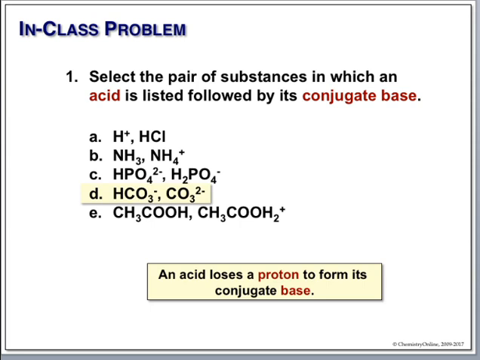Once again, to get to this thing, you'd have to put a proton on, not take one off. You simply lose a proton to form the conjugate base. Any questions?